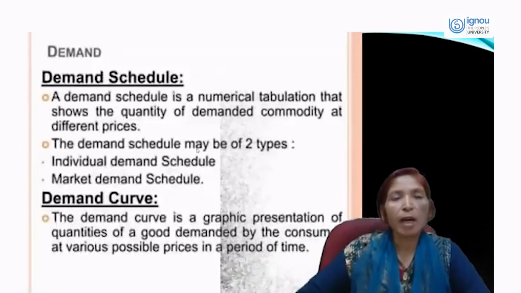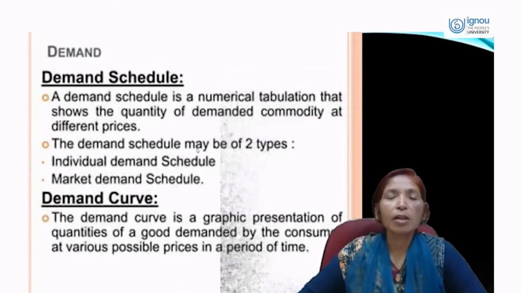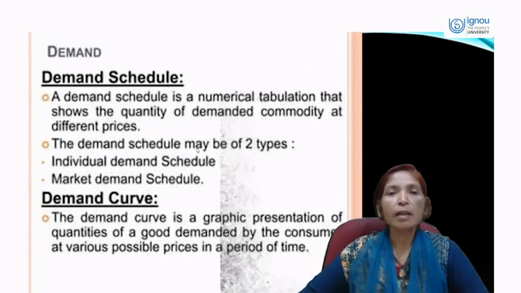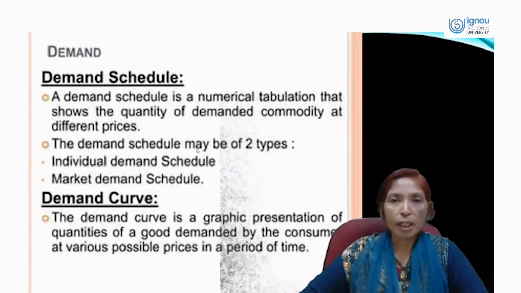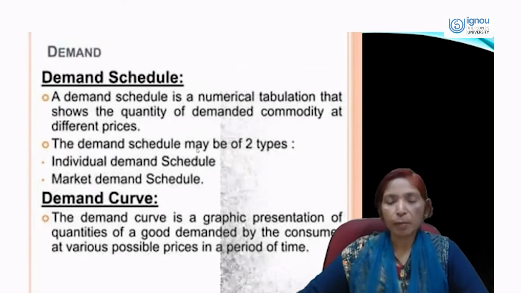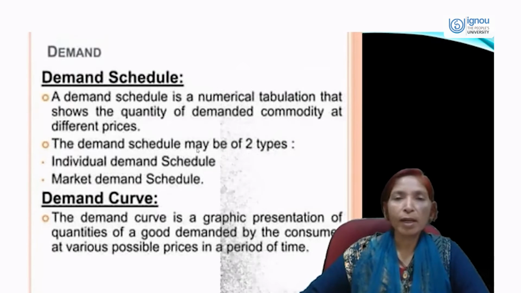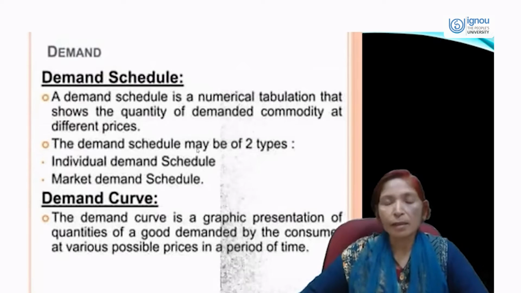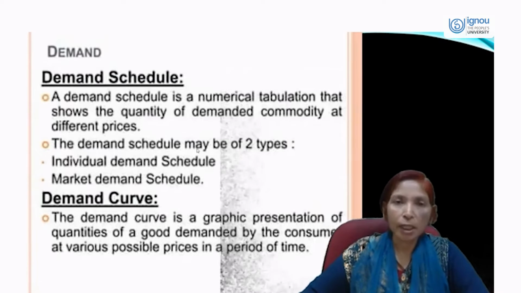Next is demand schedule. What is the meaning of demand schedule? Demand schedule is known as demand table, and it is a tabular presentation of a commodity. If we present different quantities demanded at different given prices, that is called demand schedule.